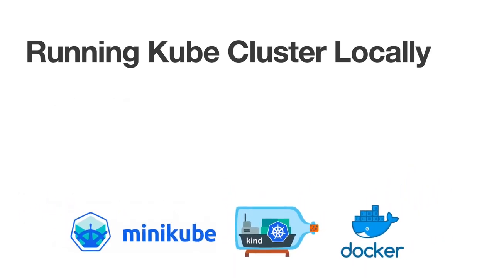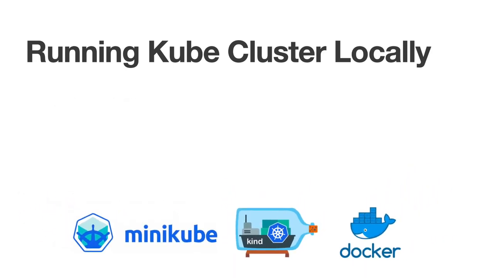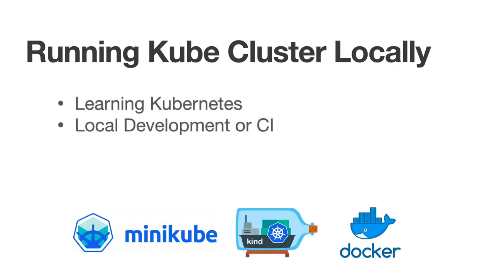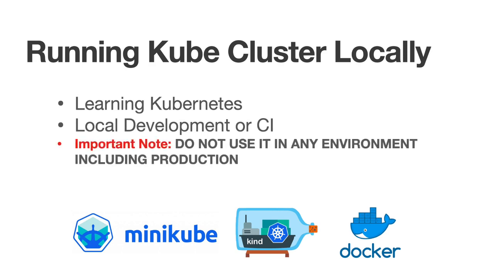Now, just to be cautious here, these three solutions are mainly used for learning purposes. They're mainly used for local development or continuous integration. And as I said, this is an important note: do not use them in any environment, including production.